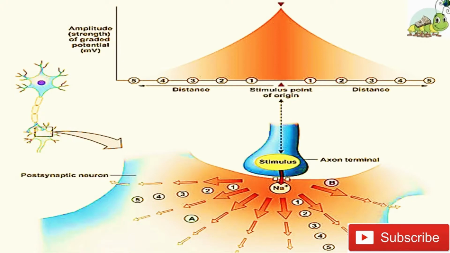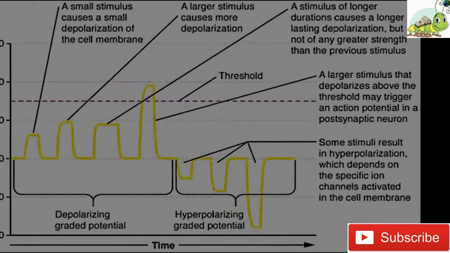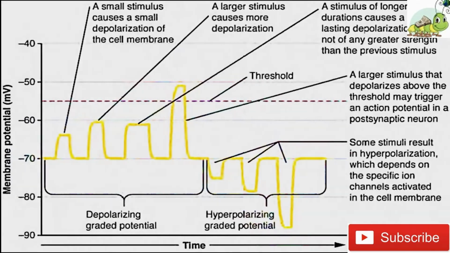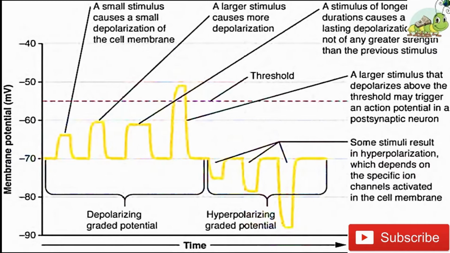A graded potential represents a change in that voltage either above -70 mV or below -70 mV. Depolarizing graded potentials are often the result of sodium ions or calcium ions entering the cell. Both of these ions have higher concentrations outside the cell than inside, and because they have a positive charge, they will move into the cell, causing it to become less negative relative to the outside.